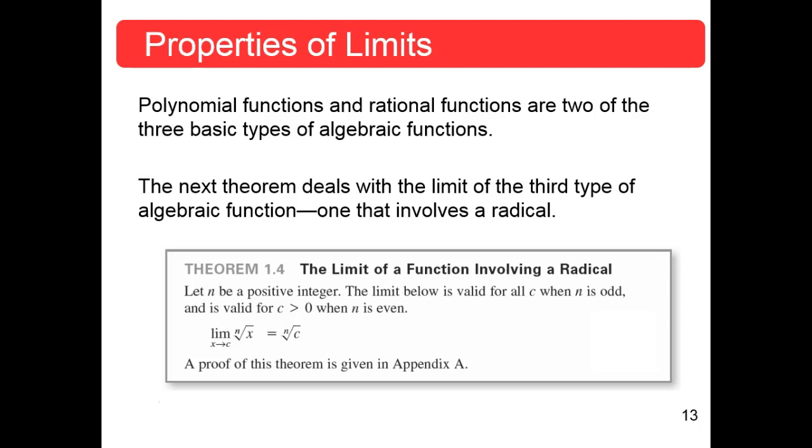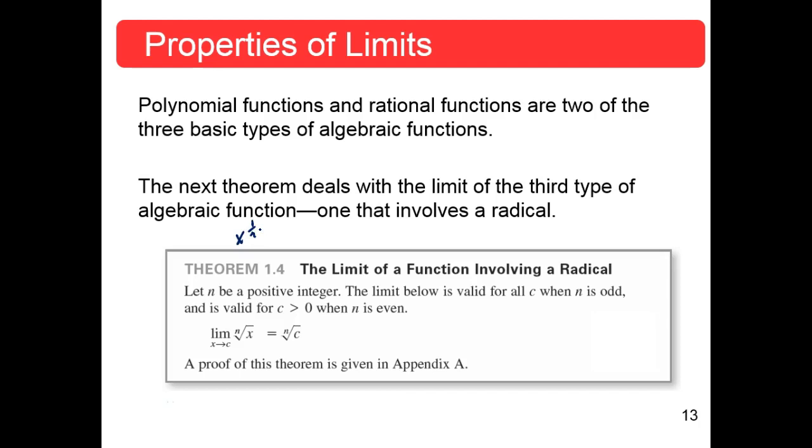The limit as x approaches c of the nth root of x. Now that, what's another way to write that? Right now, nth root of x is perfectly fine. In the future, though, you'll write that in another way: x to the 1 over n. Perfect. I far prefer that for most cases in calculus, but this is okay for now.